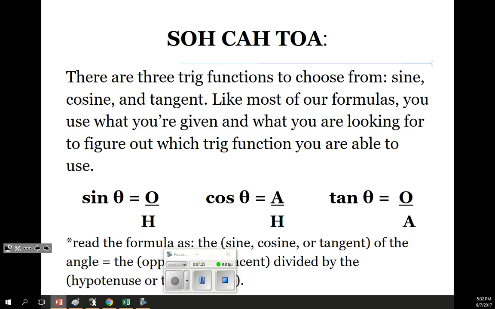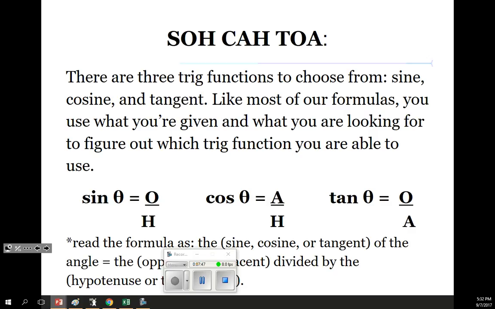How we determine which one of these functions to use depends on the information we're given. If we are given an angle and the opposite and we're asked to find the hypotenuse, then we would use sine of the angle equals O divided by H.